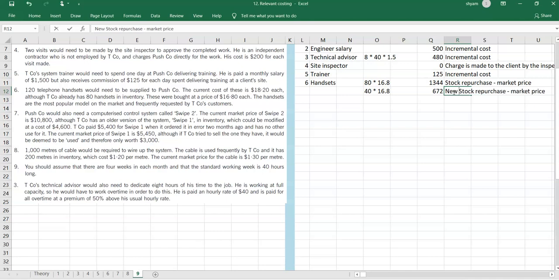So it would be a new purchase, and again, a new purchase has to be at the market price. So that's about the handsets. Let's go to the next one.